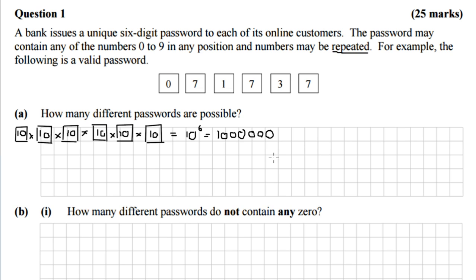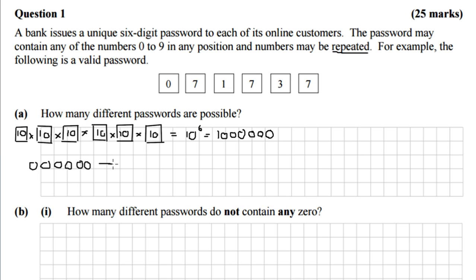But it's not the only way to do this question. Another way to do it would be to actually count the number, if you like. So the lowest possible number that I could have for my password would be all zeros. So I could go from having all zeros, then I could make the next password 000-001, make the next one 000-002, and so on.